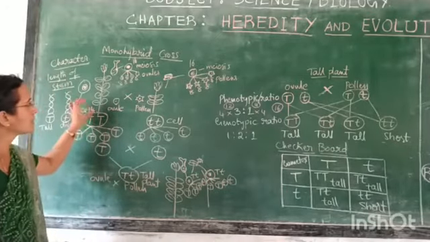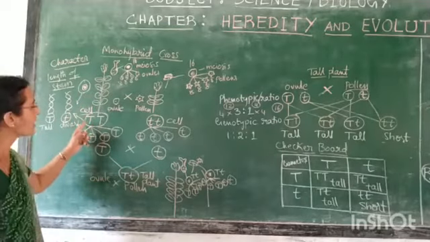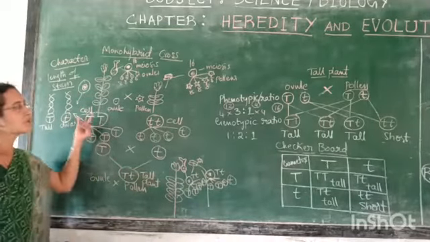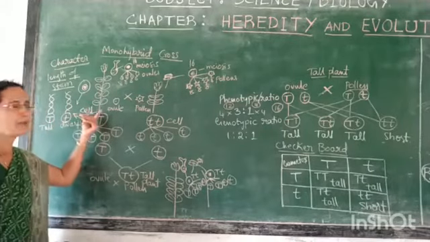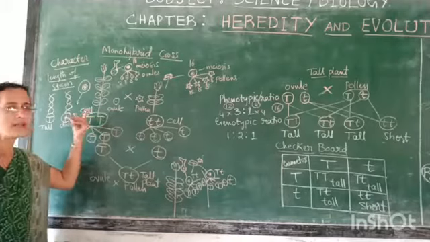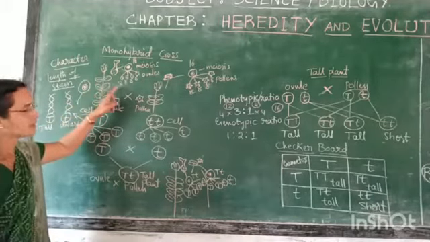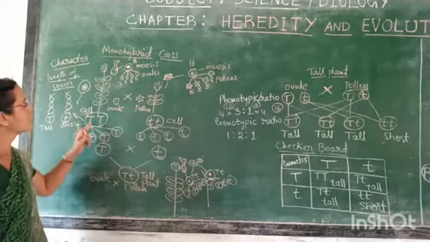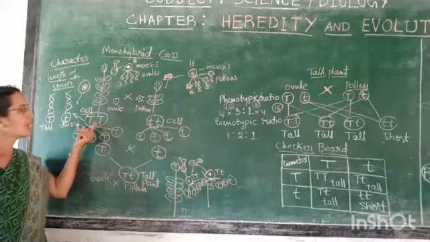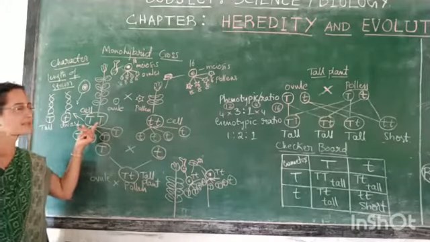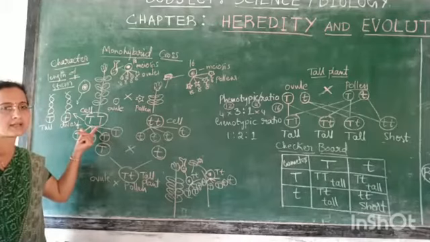Here he considers the tall character in the tall plant as having two factors. Since this is a pure tall plant, he guessed that in the chromosomes of the reproductive cells there are two factors, both denoting the tall character.